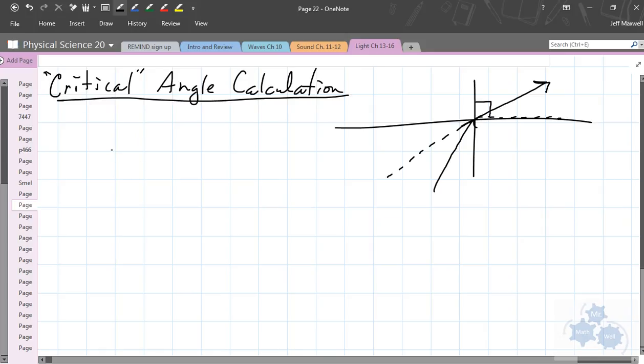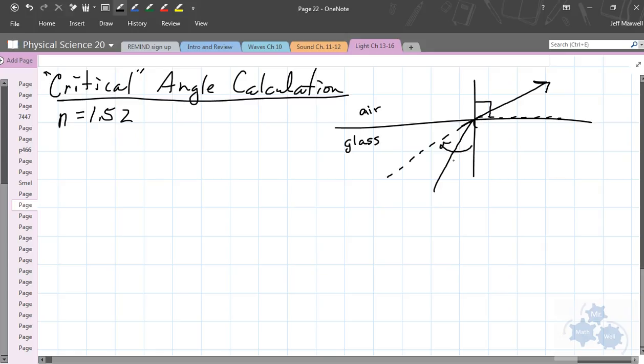So let's figure out what glass is. This is how we do it. We look at our chart and we see that the n for crown glass, which we used before, is 1.52. That's the index of refraction. So let's say this is the glass here, and we're going to go into air, and we're going to find the critical angle.